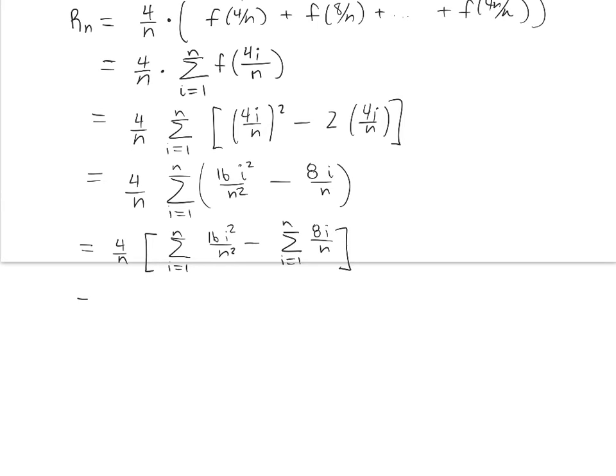So now the next thing you can do is take out the 16 over n squared from the sum.